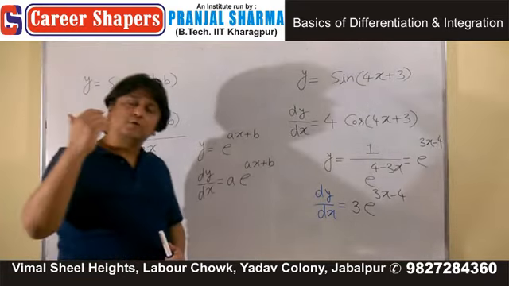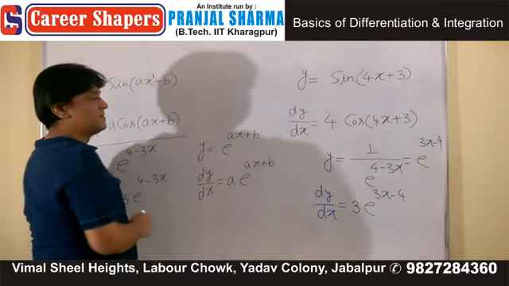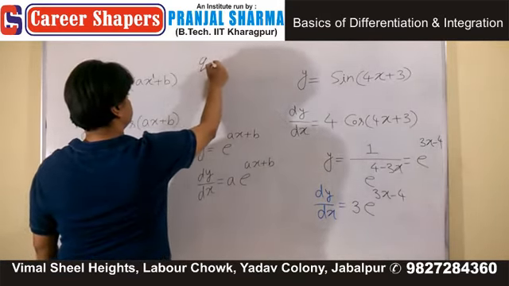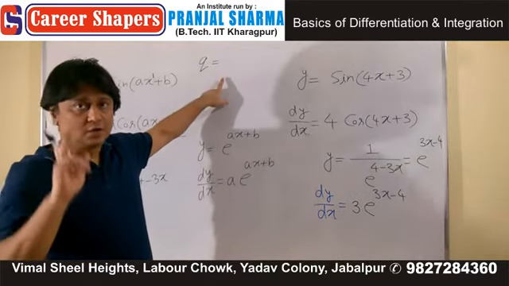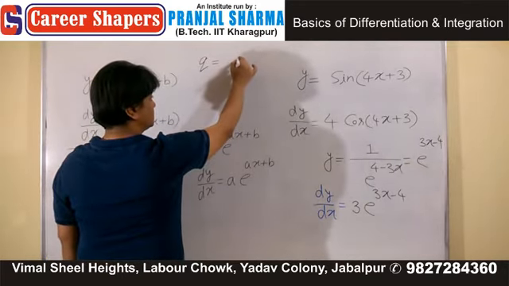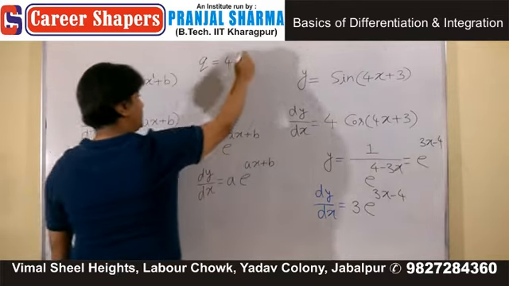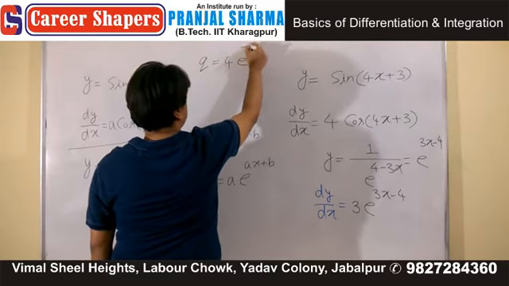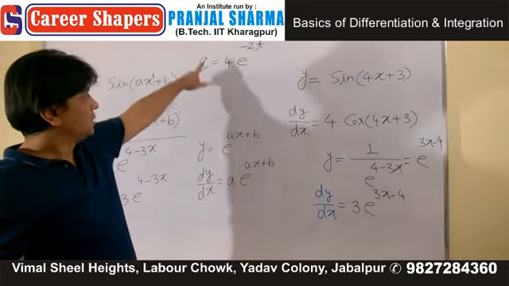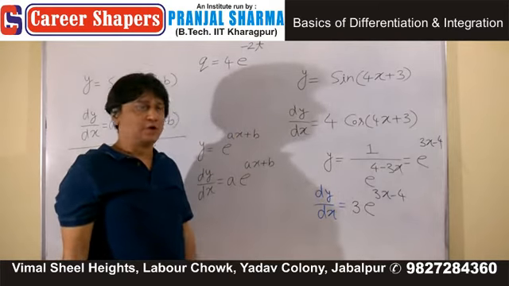Now, the way questions are asked in physics on this type, look here. Suppose I give you that charge Q is 4 e to the power minus 2t.